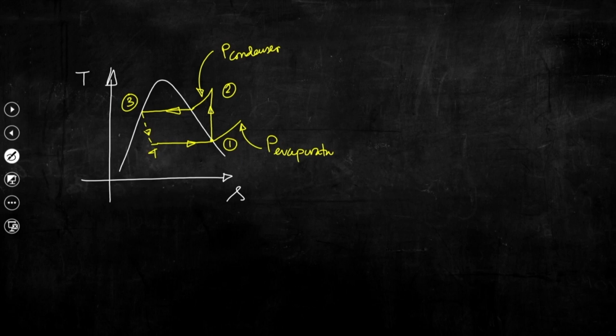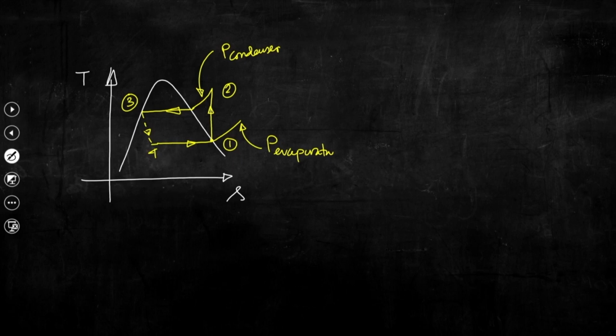Let me tell you one thing: whenever we have discussed any cycle in the context of the steam power cycle, and also the gas power cycle, we have assumed that all the processes are internally reversible.